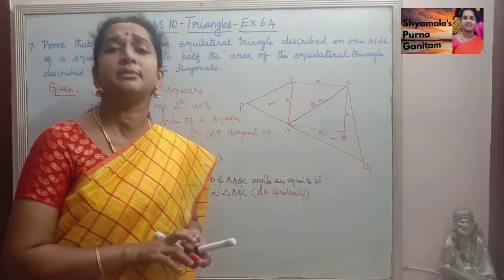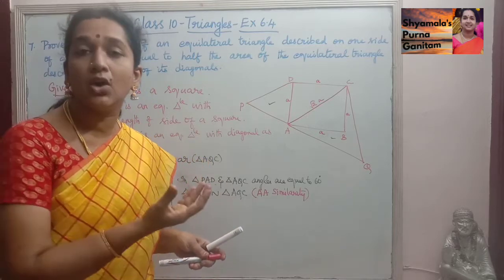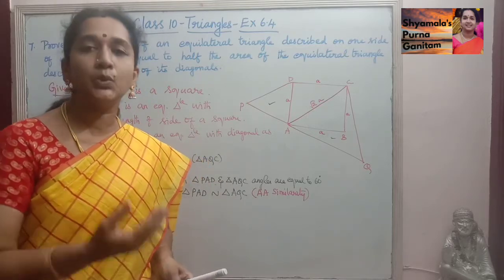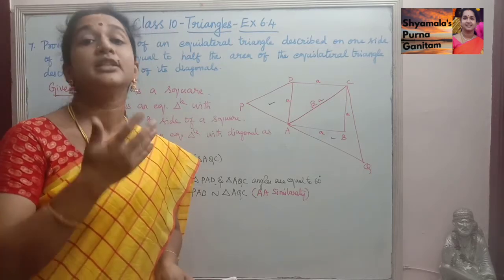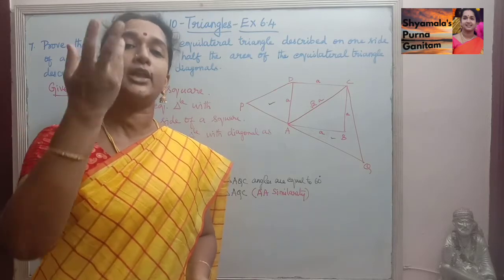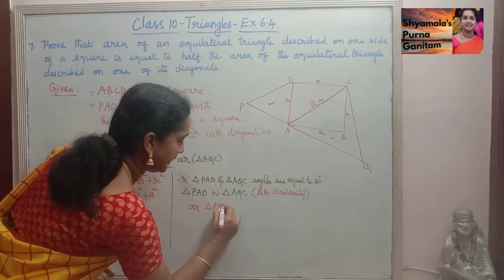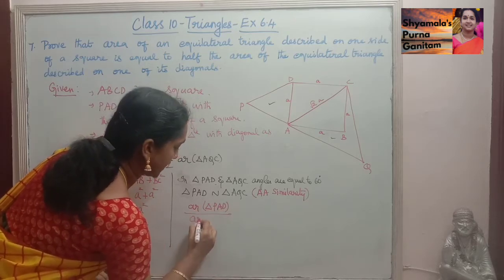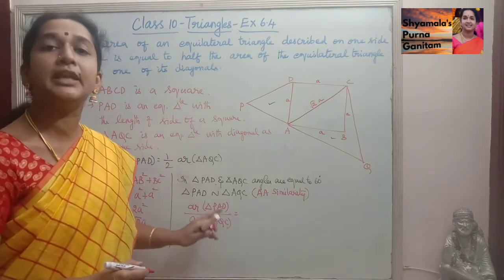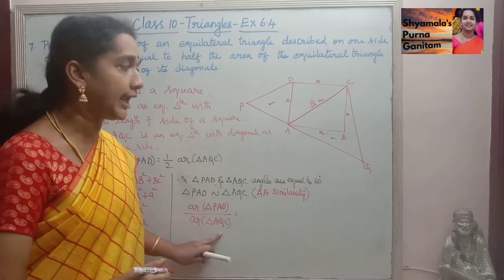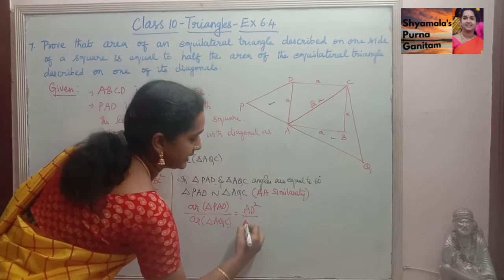Since these are similar triangles, the ratio of the areas of these two similar triangles will be equal to the ratio of the squares of their corresponding sides. So area of triangle PAD by area of triangle AQC is equal to AD squared by AC squared.